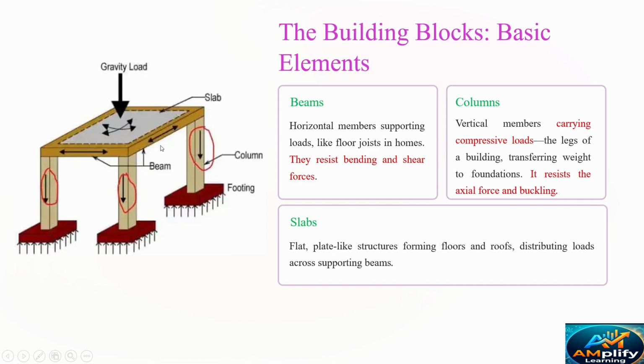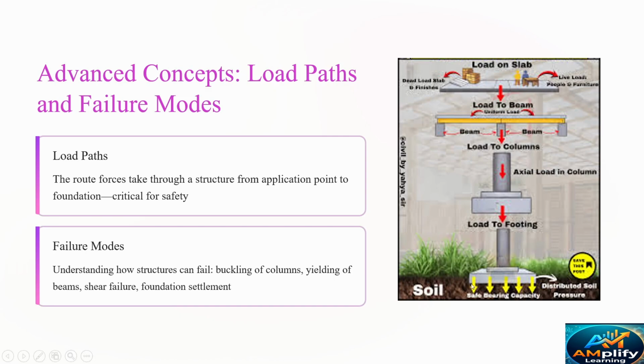Then the beam transfers the load from the slab to the column, the vertical member. This column transfers the load to the foundation. This total path is called the load path.